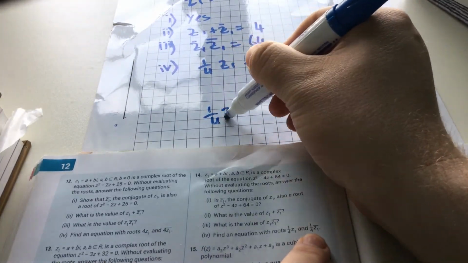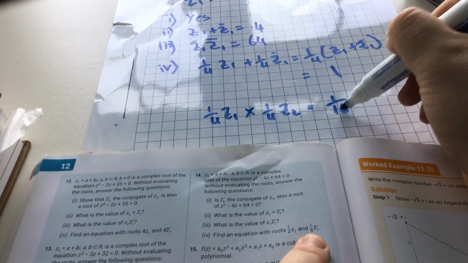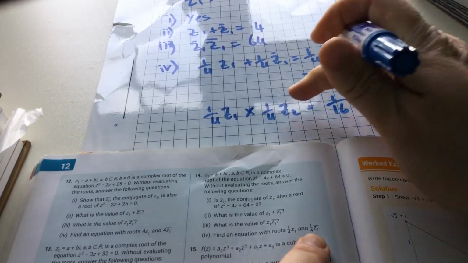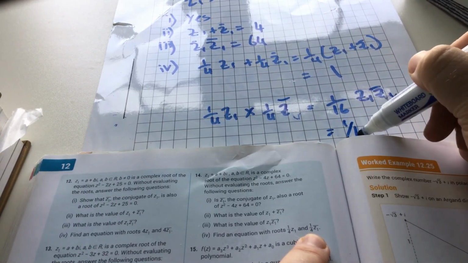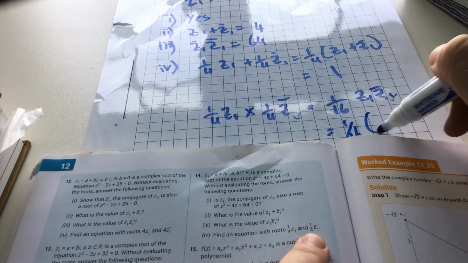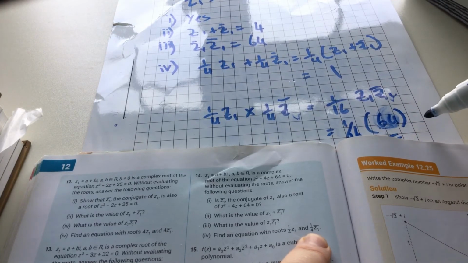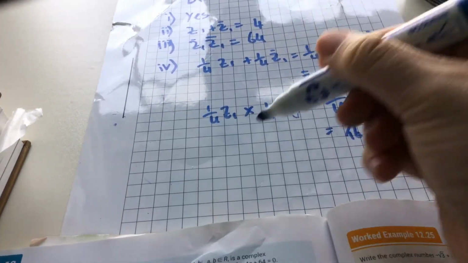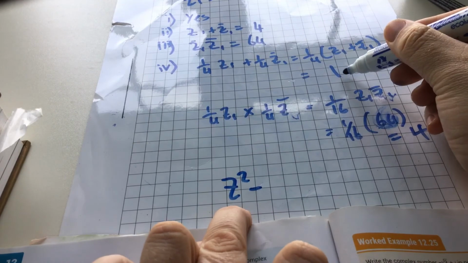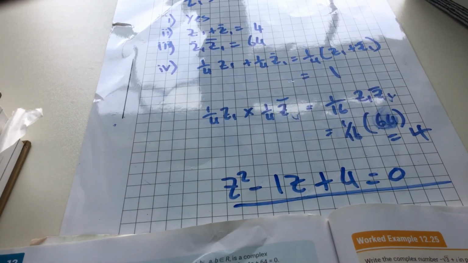Now a quarter z1 times a quarter of the conjugate of z1 is going to get a 16th of z1 times its conjugate, which is 64. 64 over 16 is 4. So then we have z squared minus the sum, 1z, plus the product, 4 equals 0. So if you can do 14, 13 is basically the same.